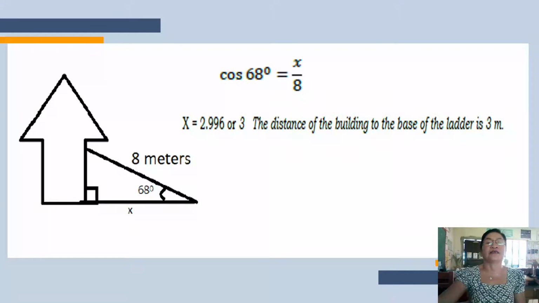After that, we have again to determine the trigonometric ratio to be used.